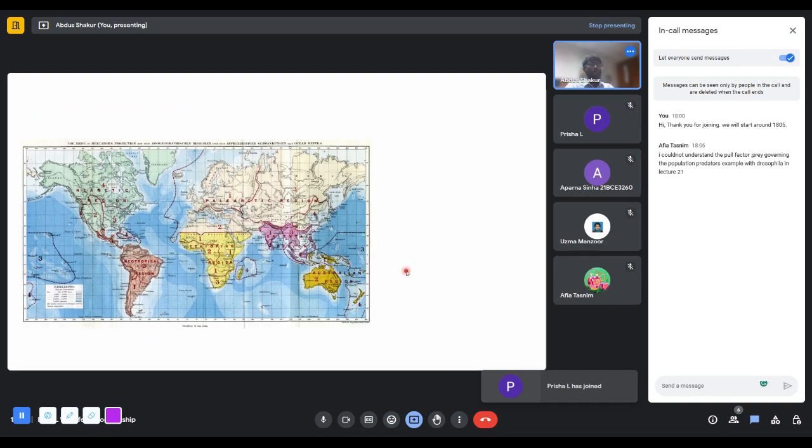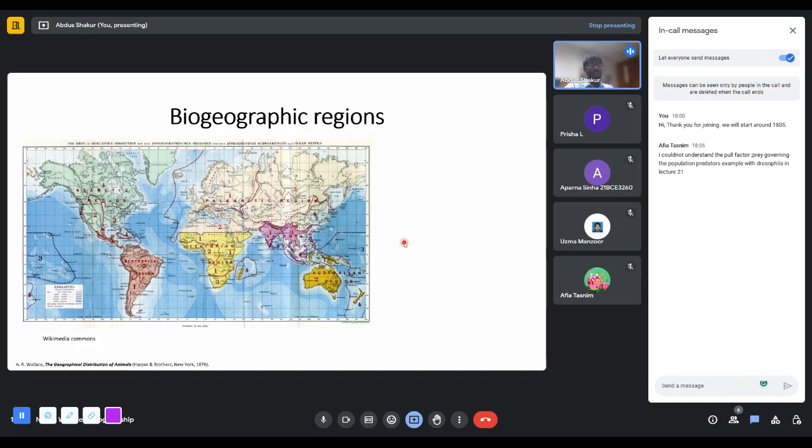So going ahead, since we're talking about biogeography, we should also talk about biogeographical regions. The earliest biogeographical regions were classified based on flora and fauna, basically plants and animals, and their relationships. The major biogeographical regions are the Nearctic and Neotropical regions, which together are called the New World, and then the Old World, where we have the Palearctic, Ethiopian, Oriental, and Australasian regions.